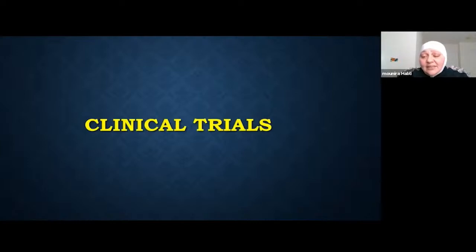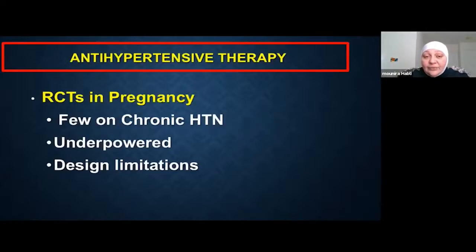Is there any evidence from clinical trials about antihypertensive therapy for mild chronic hypertension, if there is any benefit? There are a few randomized clinical trials in pregnancy. Most of them are underpowered or have design limitations.